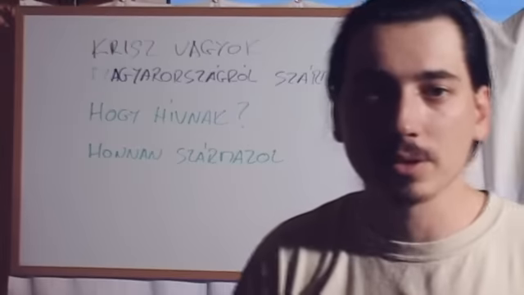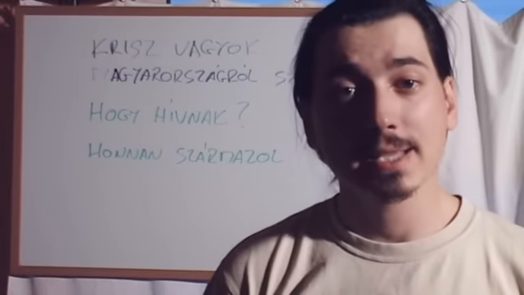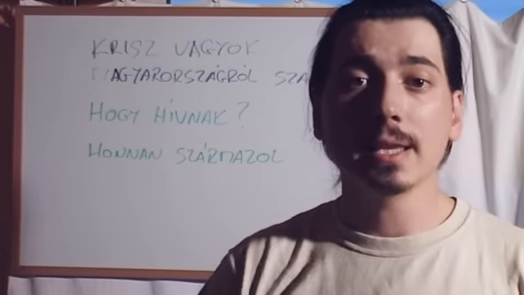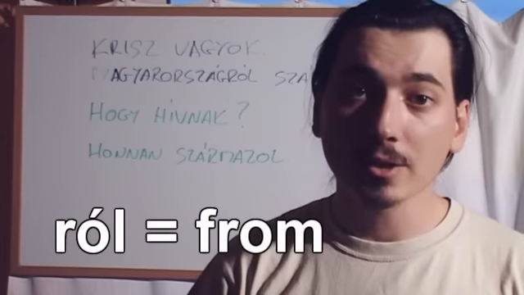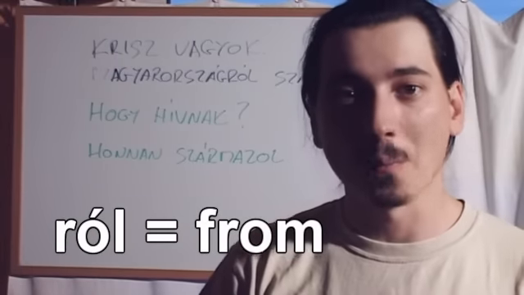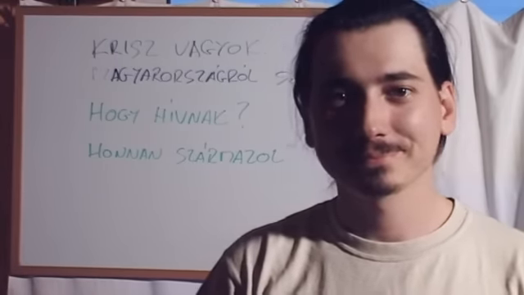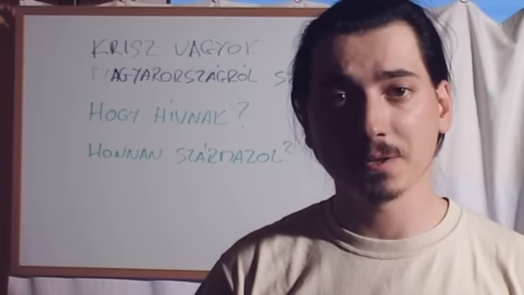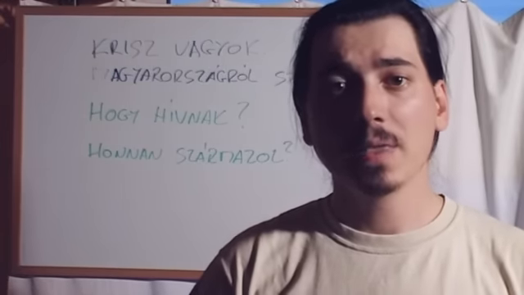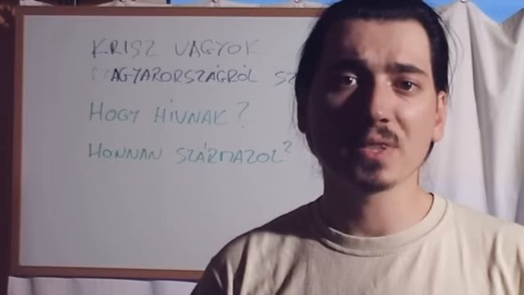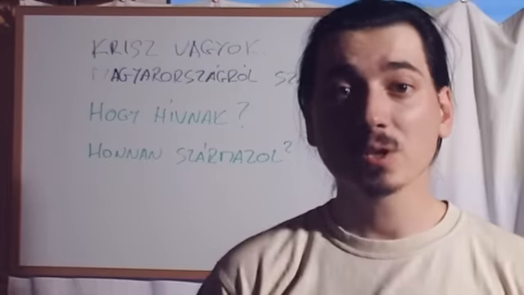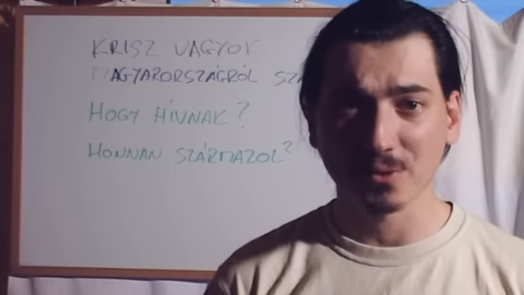That's because we haven't learned it. But all I can say now is that ról is the equivalent attachment of the preposition from. So this sentence means I am from Hungary. There is no equivalent of származ in English. The closest one is I come from or I am from.